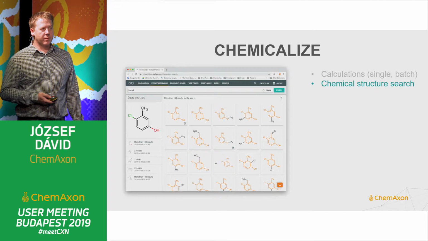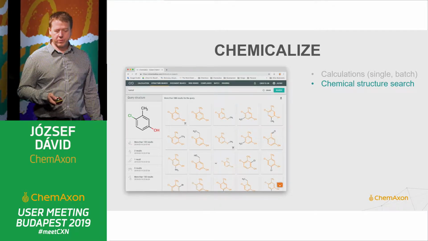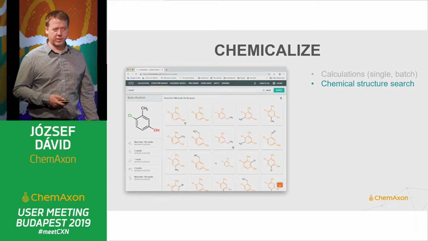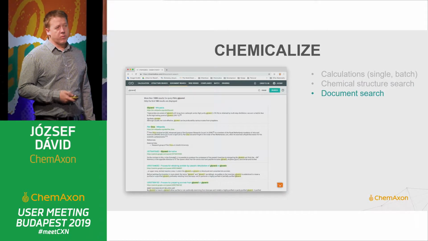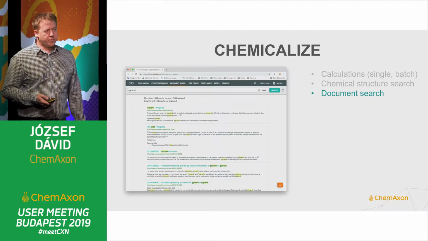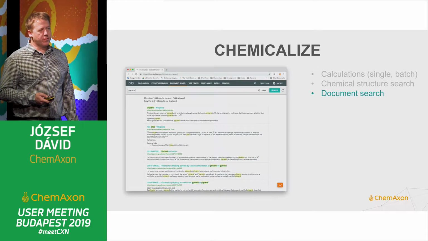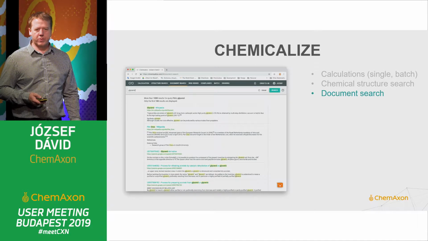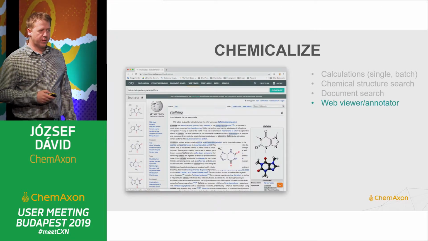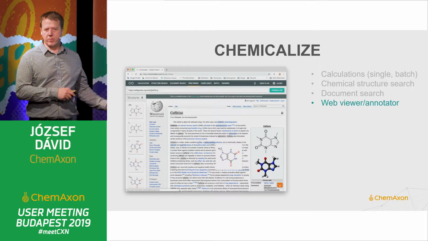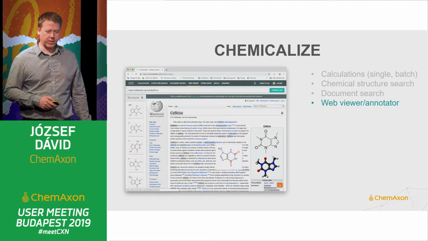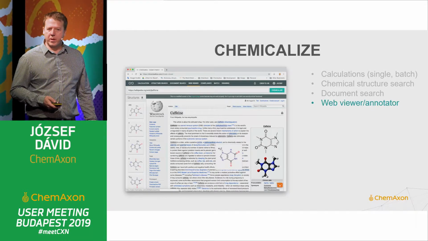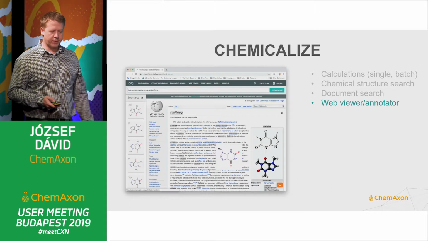The next one is a structure search, where we also introduce a new technology, which is the Postgres cartridge, doing the chemical search for you. And also we have a document search feature, which does chemical search in mostly US patents and Wikipedia documents. And we have web page annotators. That's the same as, or very similar to, what was released in the previous version of Chemicalize. A public website can be annotated with chemical entities.